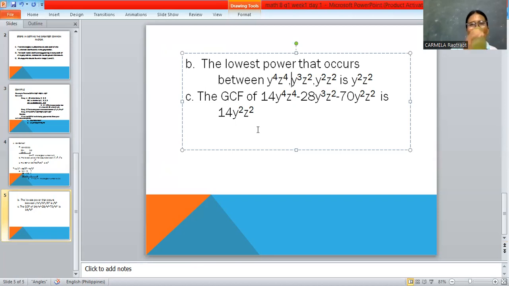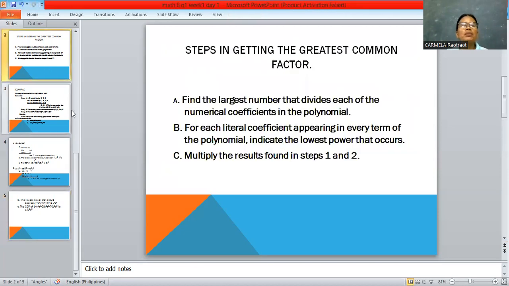Again, the greatest common factor is always needed, the most basic in polynomials. So again, here are the 3 steps to follow. Number 1, you're going to find the largest number that divides each of the numerical coefficients in the polynomial.